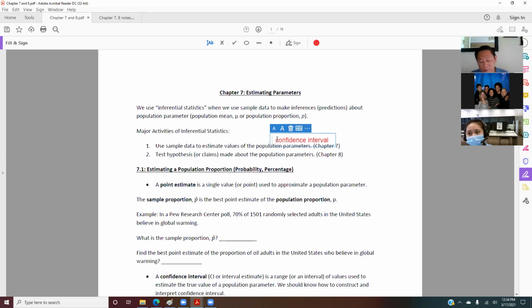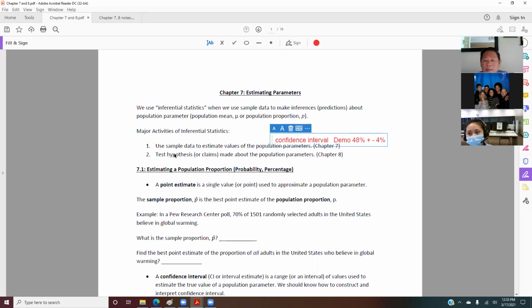For example, from the last election, you find out that people who vote for Democrat is 48% plus or minus 4%. That plus or minus 4% is what we call the confidence interval. We will be using this a lot in chapter 7, and this is very important. Again, I will tell you how we find these numbers.